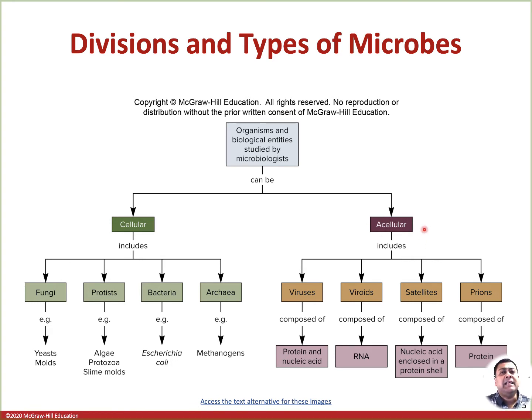And the second thing is that they cannot exist without a living cell. What do we mean by that? That's the viruses, viroids, satellites, or even the prions. To see their effect, they can only cause problems inside a living cell.